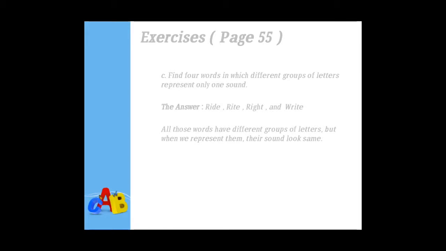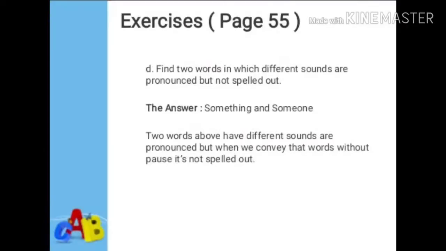Can you hear that? Is it the same? Thank you. Okay, so I will try to answer the last question. The question is, find two words in which two different sounds are pronounced but not spelled out. The answer is someone and something.